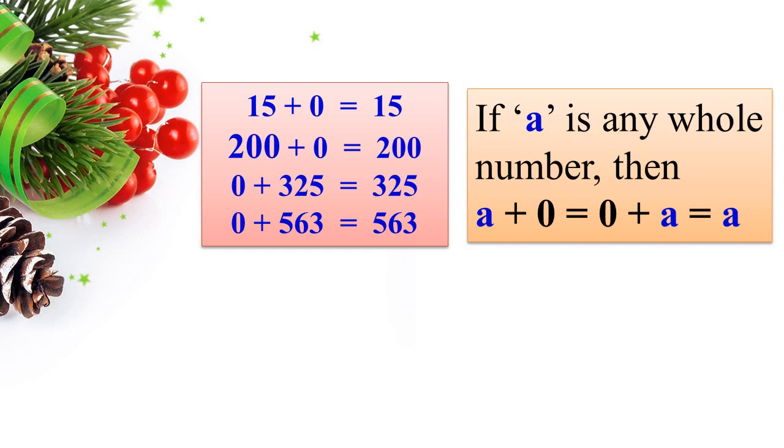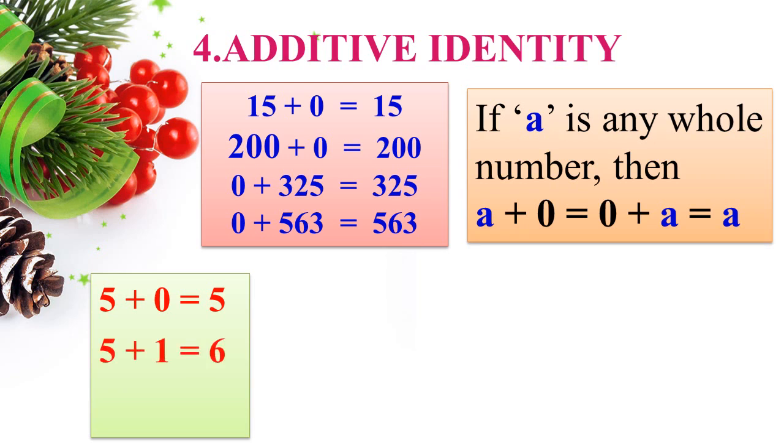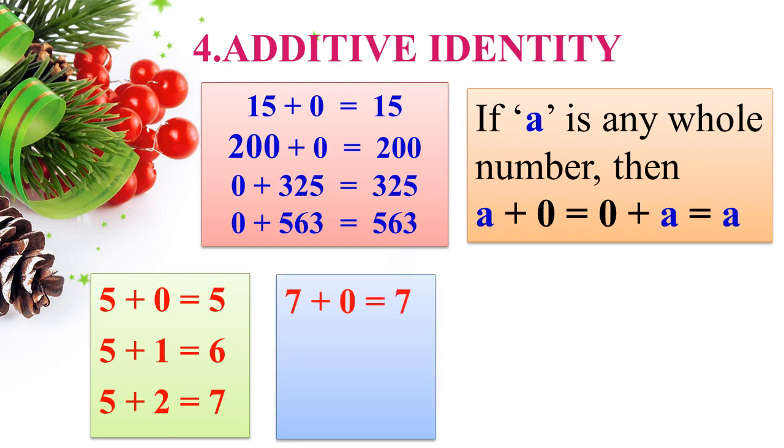Let us see what the additive identity is. Let us understand with examples. 5 plus 0 equal to 5. 5 plus 1 equal to 6. 5 plus 2 equal to 7. 7 plus 0 equal to 7. 8 plus 1 equal to 9. 6 plus 0 equal to 6.